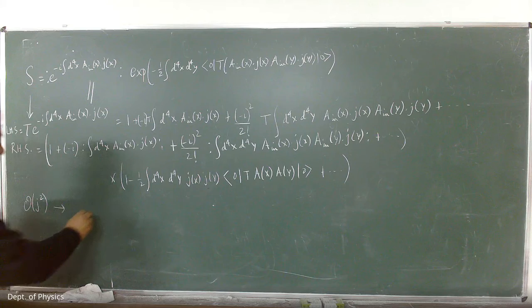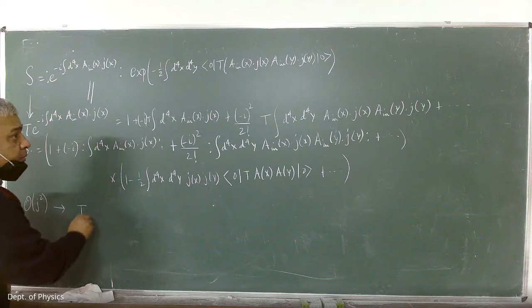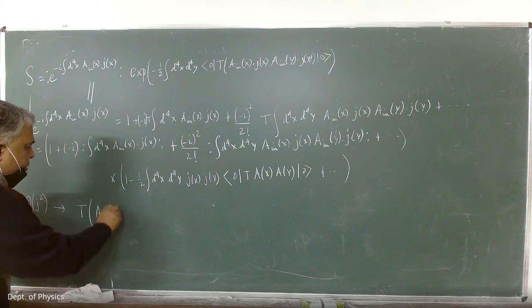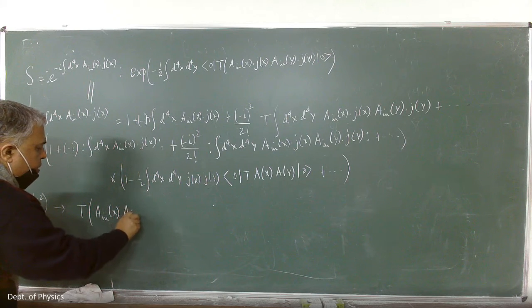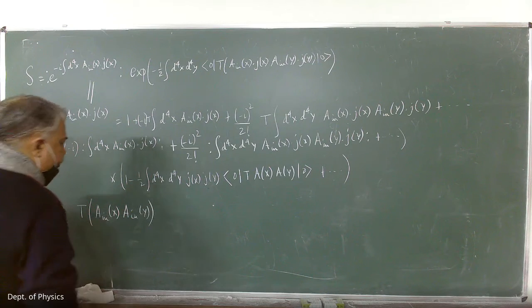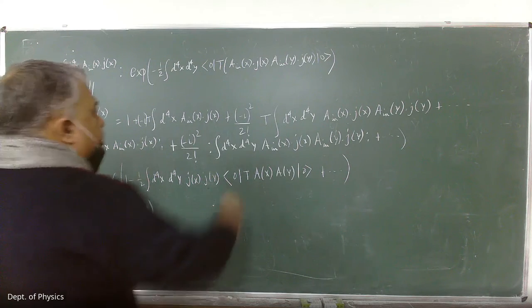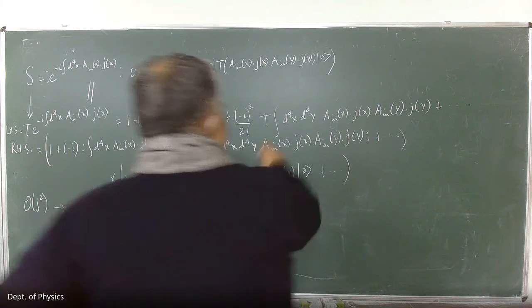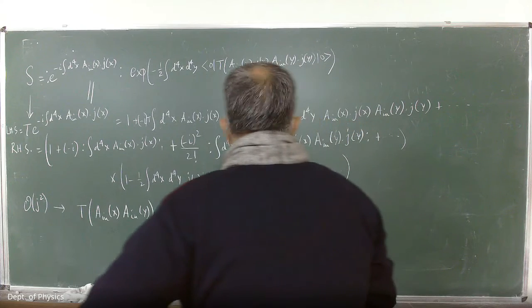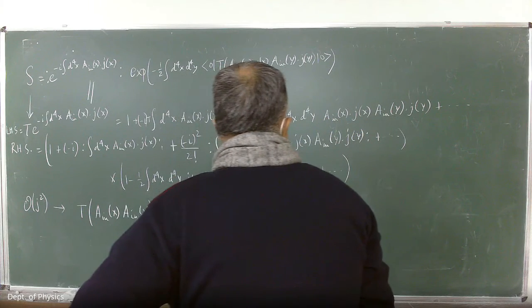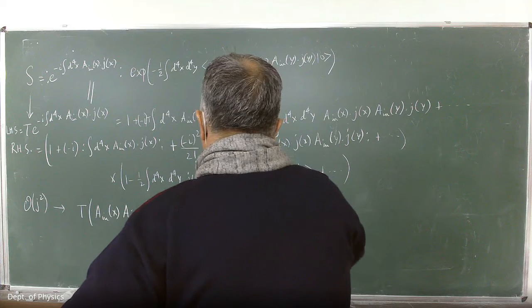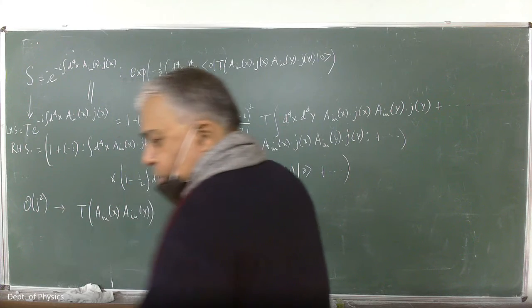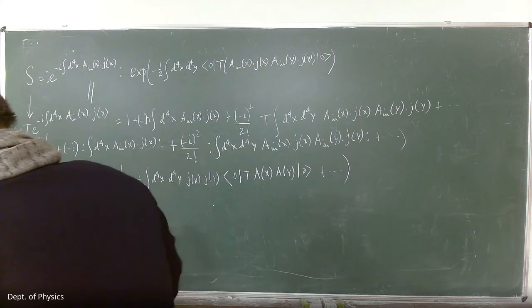Time ordered product of A in x, A in y, minus i whole square by 2 factorial, time ordered product of this thing, and here the quadratic term.